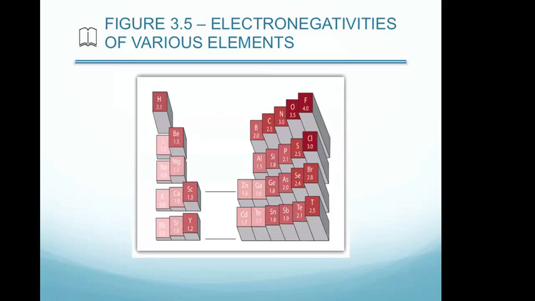What I had indicated the last time we talked is that you can just count the number of elements in that row until you hit that element. So if I'm looking at beryllium, Be, and that's on the left-hand side, it's the second element, so it has 2 valence electrons. If I'm looking at oxygen, I have to jump over that gap, but it is the 6th element in its row because I have lithium, beryllium, boron, carbon, nitrogen, and then oxygen. So it would have 6 valence electrons.